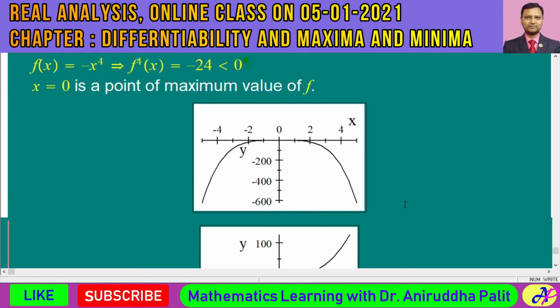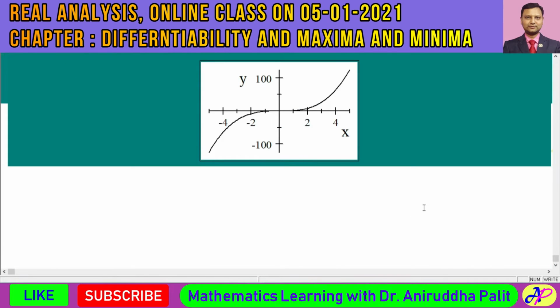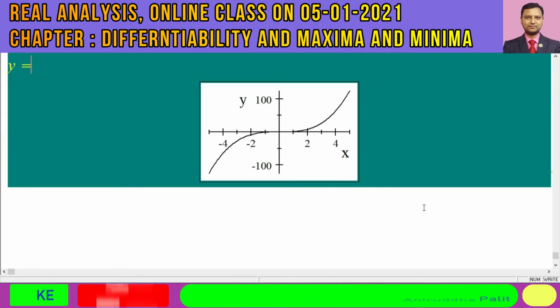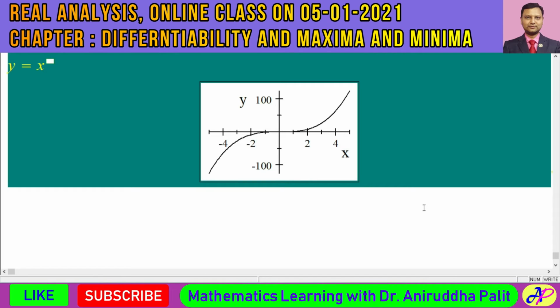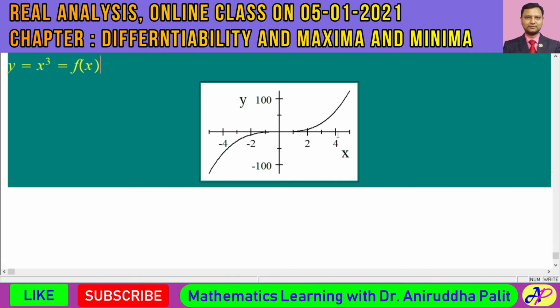This is the graph of the function y is equal to x cube. So this is the function f(x) is equal to x cube, and clearly this function does not have any extreme value, neither maximum nor minimum.